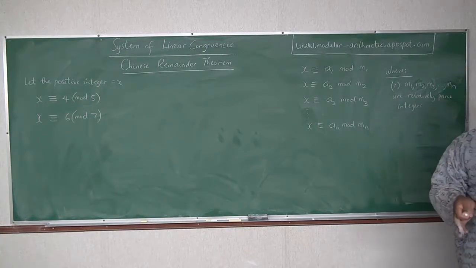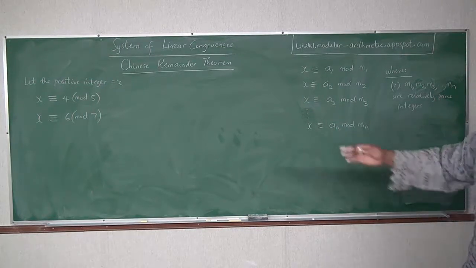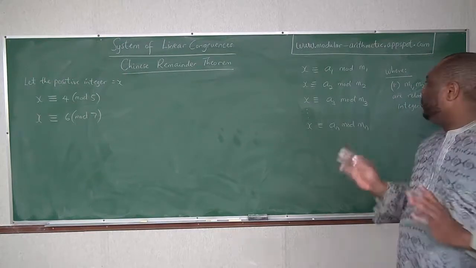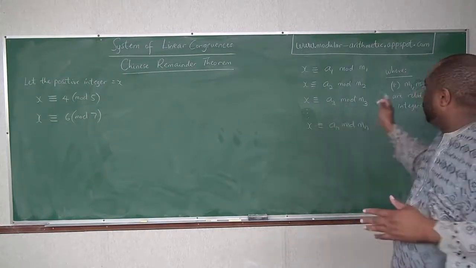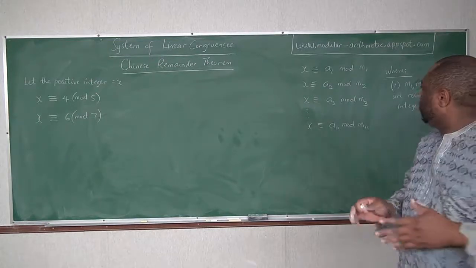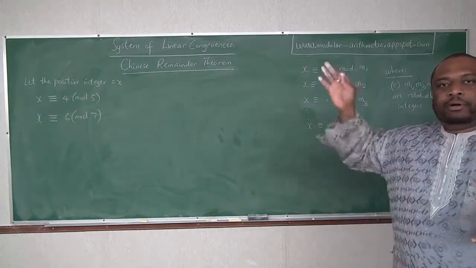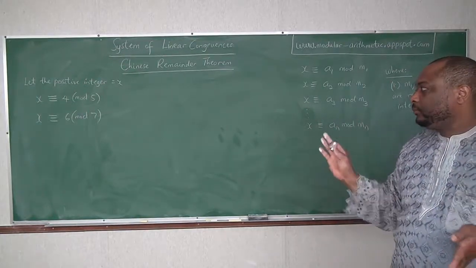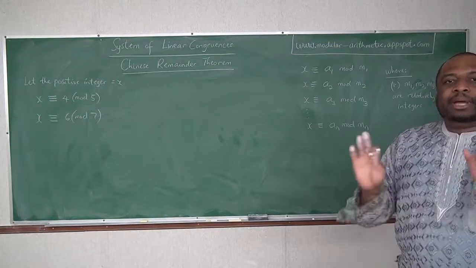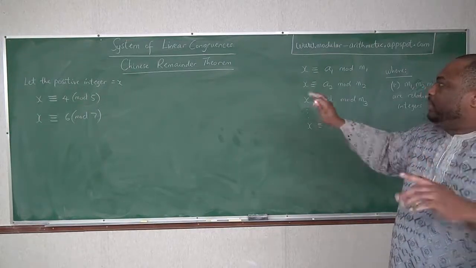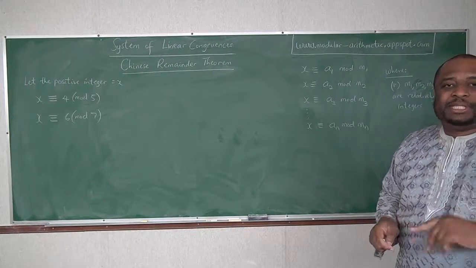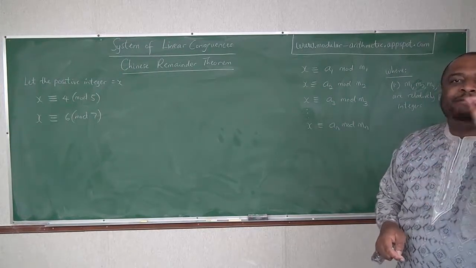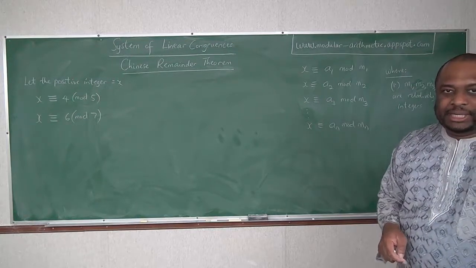As you can see, 5 and 7 are relatively prime integers. The moduli have to be relatively prime. This theorem, and the back substitution method we are going to discuss, apply only to relatively prime moduli.